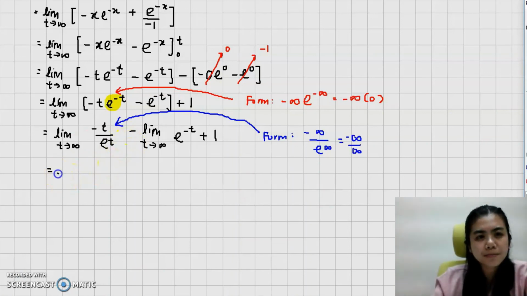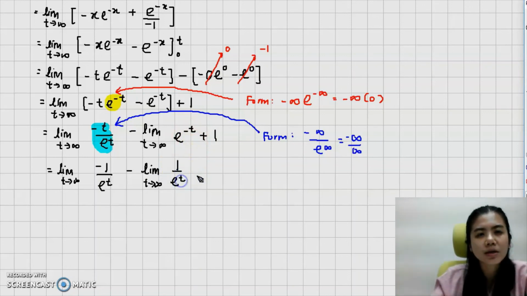You apply L'Hopital to this item. When you apply it, on the top we will have minus 1, in the bottom we will have e^t. On the right, we still have the 1 over e^t, right? And it is plus 1.